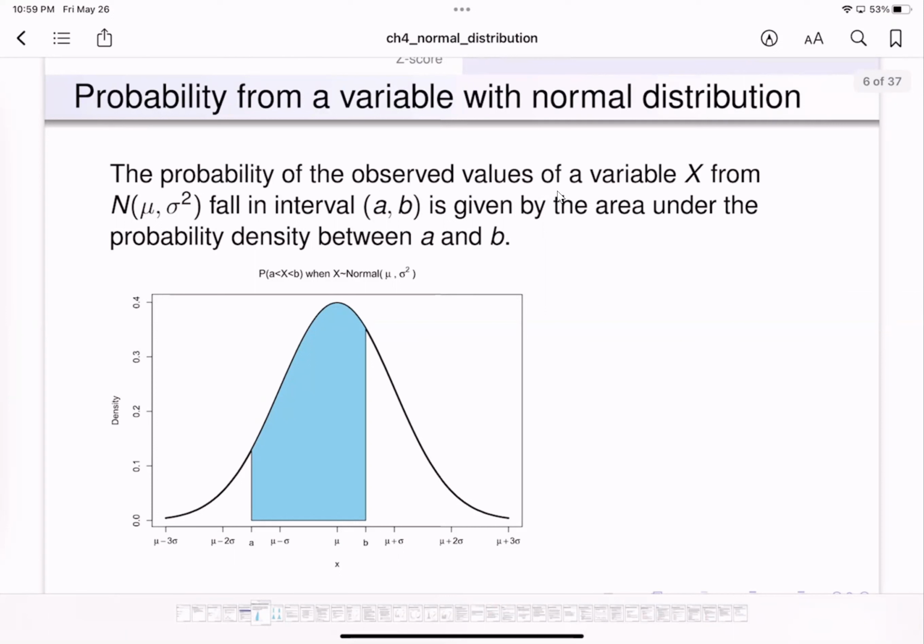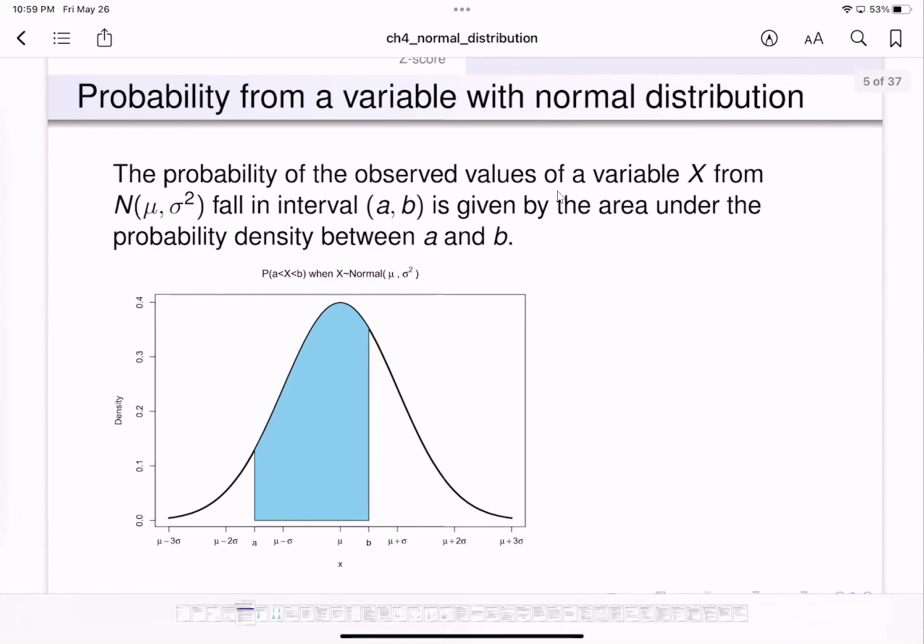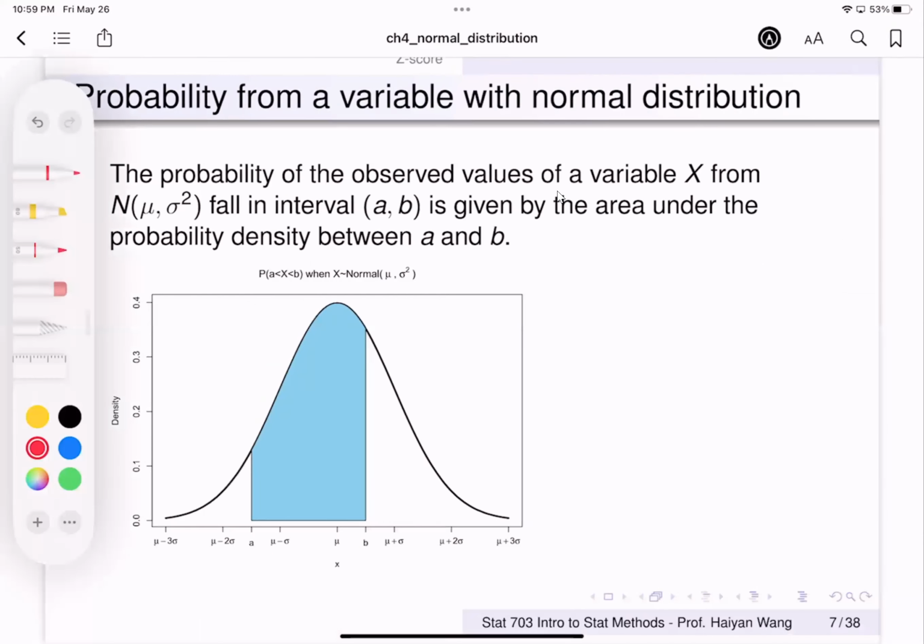But in the normal distribution, there is something special. What's special is, consider the entire curve. We will know pretty much clearly that the smallest possible value that we observe will be around 3 standard deviations below the mean. So here is mu minus 3 standard deviations. And on the upper end, the large value would be around mu plus 3 standard deviations.